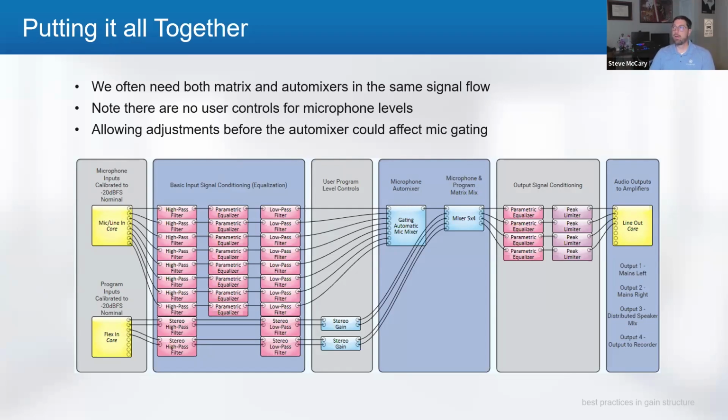Again, this is what I was talking about earlier, where we've got some program audio as well as some microphone audio. The mics all get mixed down. We mix in our program audio on the backside, and now we're creating 4 unique outputs. In this case, we've got our 2 speakers, and then a distributed speaker mix, and then an output to a recorder or a far end.